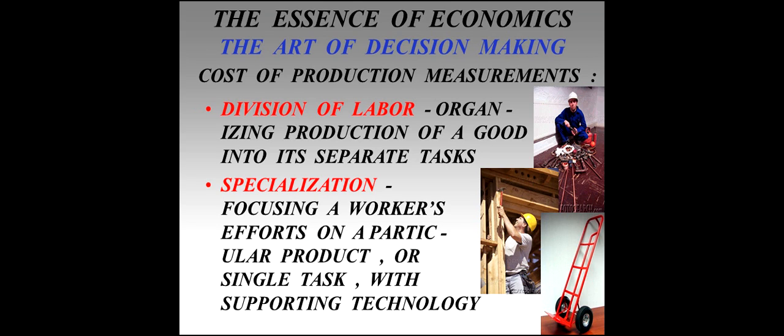Division of labor and specialization are the 2 keys to increasing productivity and efficiency of workers and operations, and can help lead and get a company to economies of scale as well.